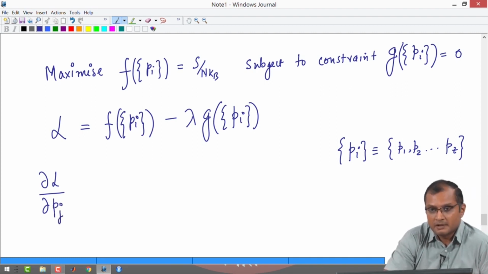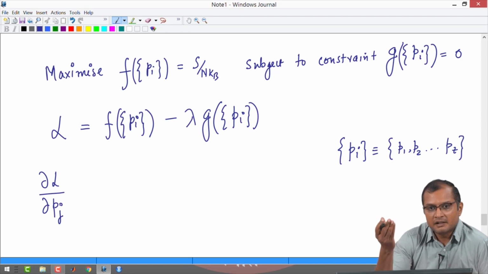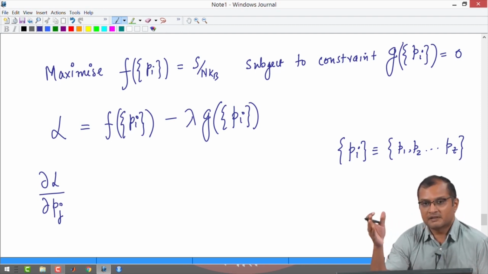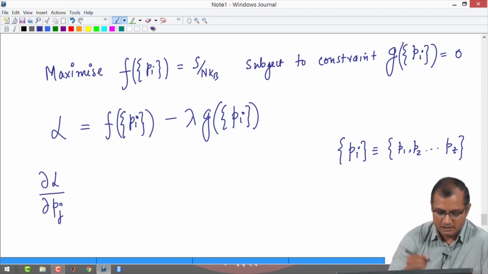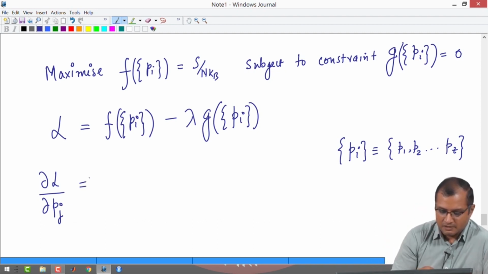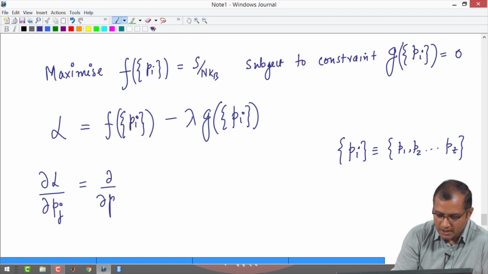Like we had x and y, now I have p 1, p 2, p 3 up to p t. So, there are n equations here, subject to the value of j that I pick up. This would be nothing but d over d p j of the entire right hand side.